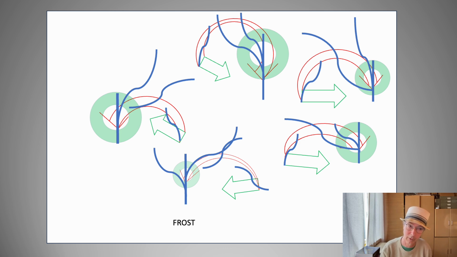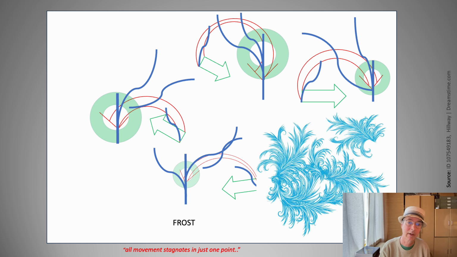That's more or less the frost explained quickly, but you can already sense what is going on here. It's stagnating actually at just one point, and all these movements and effects of things that are changing in the environment in all kinds of directions is seen and is shown in the frost.